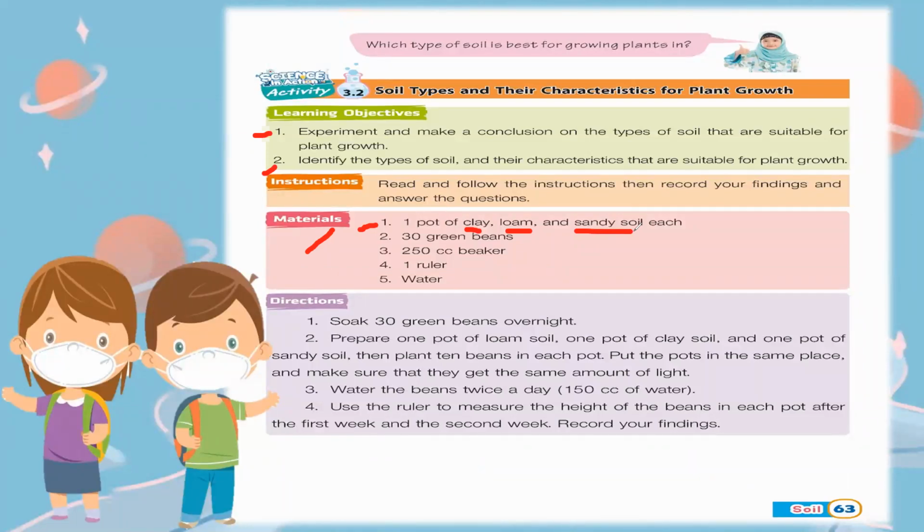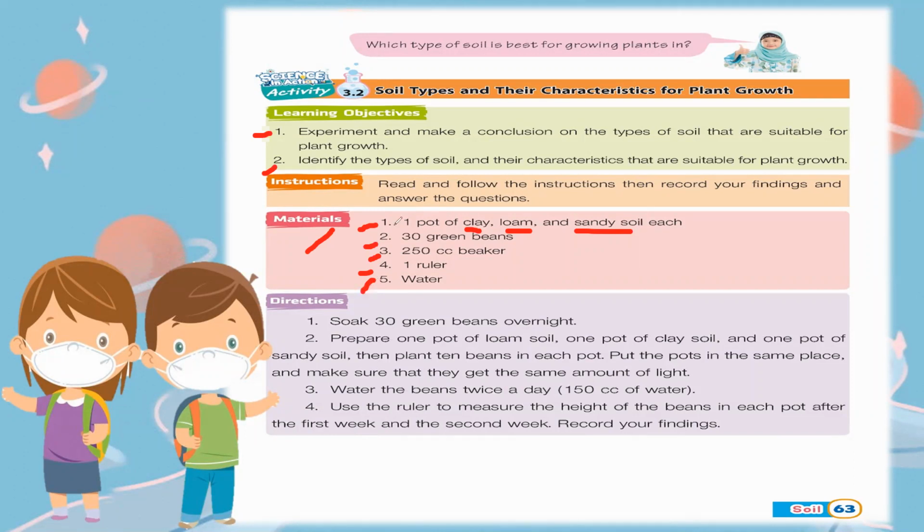Each of them we are going to put in a pot. Second, we require 30 green beans. Third, we require 250 cc beaker. Fourth, we require a ruler. With the ruler, we are going to measure how much the beans have grown. And the fifth one, we require water.